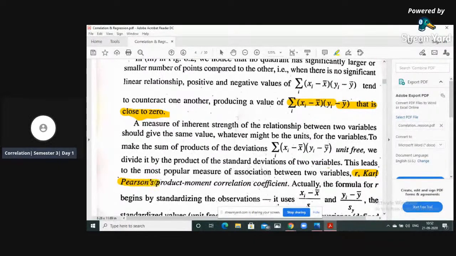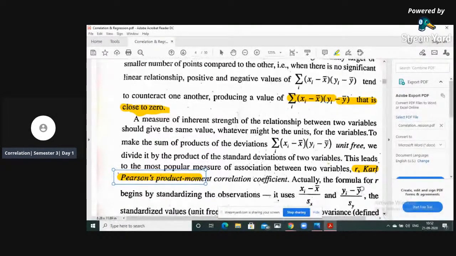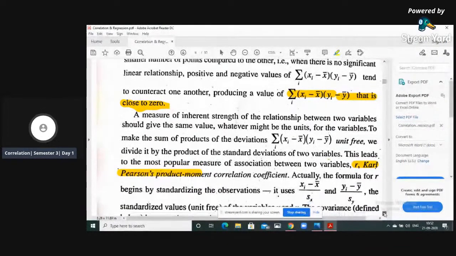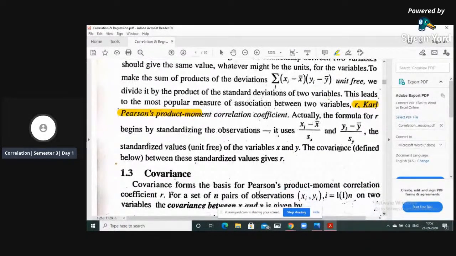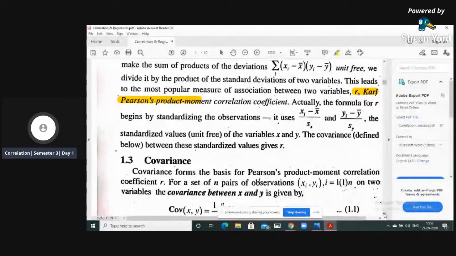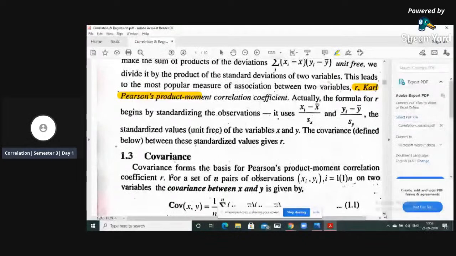So r is known as Karl Pearson's product moment correlation coefficient. Actually, the formula for r, after you standardize it, becomes something like this. However, to deal with Karl Pearson's product moment correlation coefficient, we need to first study covariance between x and y.